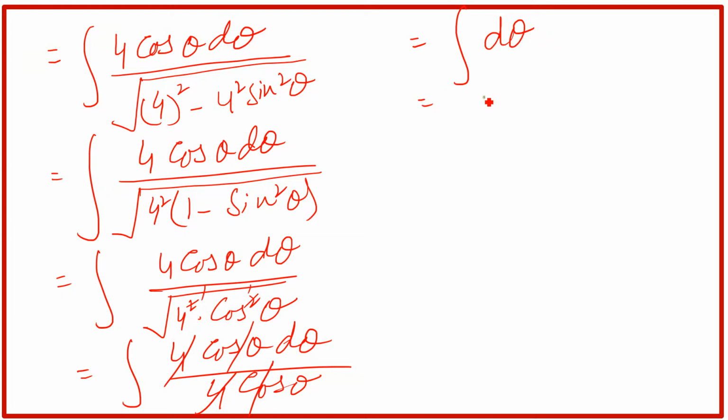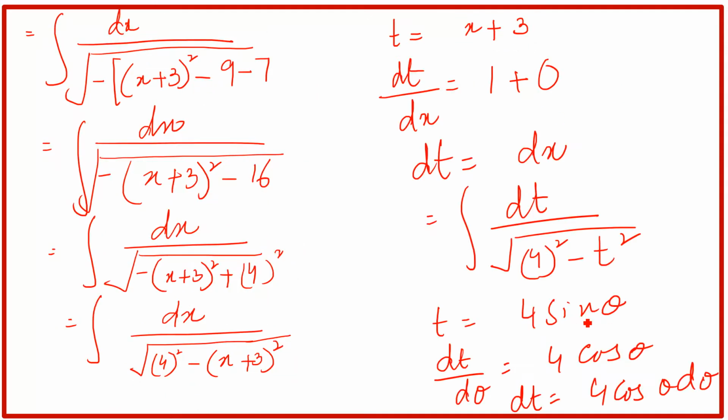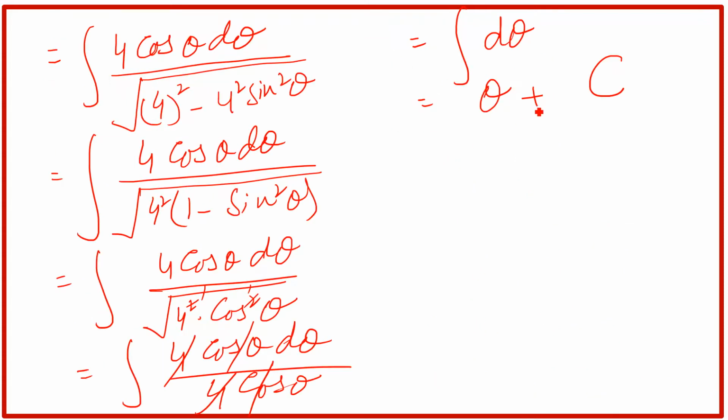The integration of 1 d theta is theta, and the value of theta we will find out from here. Theta is equal to sine inverse of t over 4, plus c.